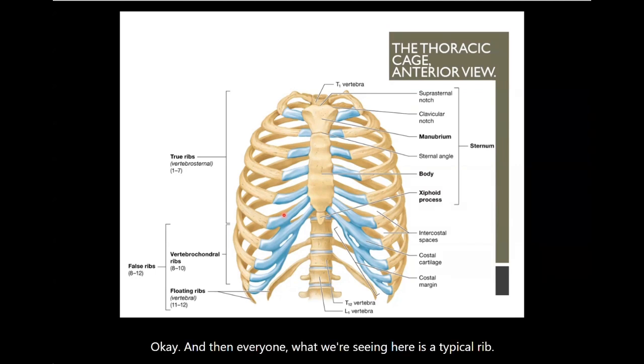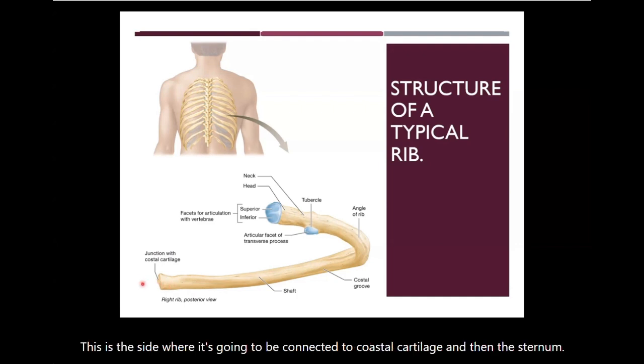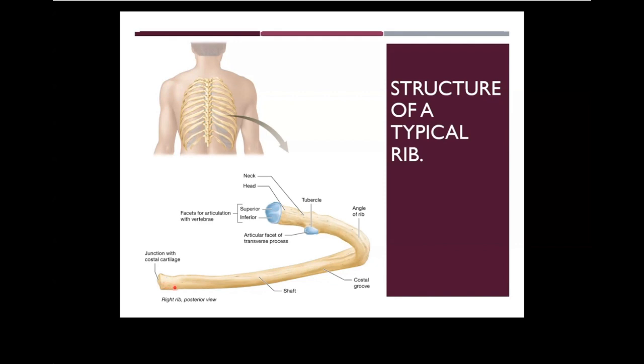Easy? Okay. And then everyone, what we're seeing here is a typical rib, okay? And then we said that the rib on one side, here it says junction with costal cartilage. So this side, okay, and then there's no facets here. This is the side where it's going to be connected to costal cartilage and then the sternum, all right? And then this side, do you see where it has facets?